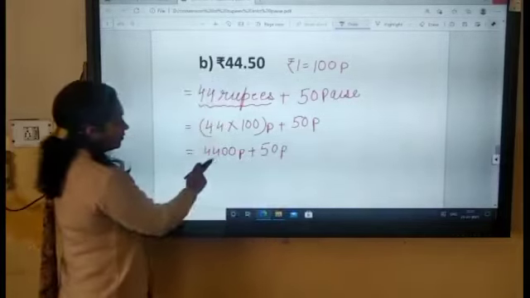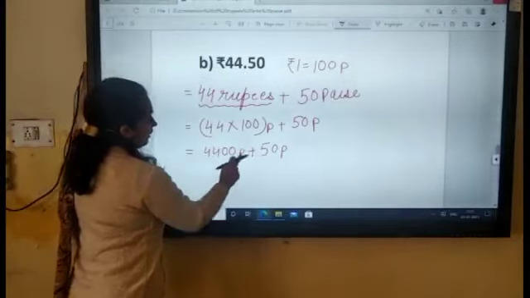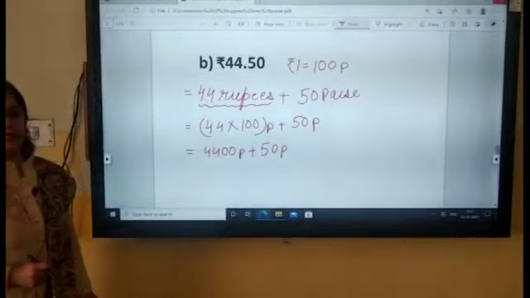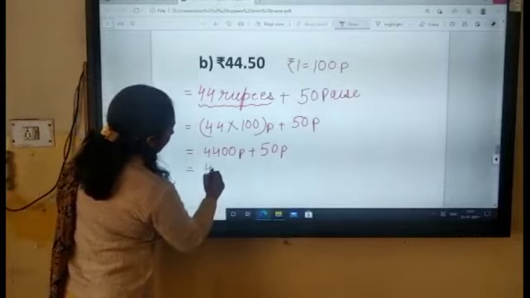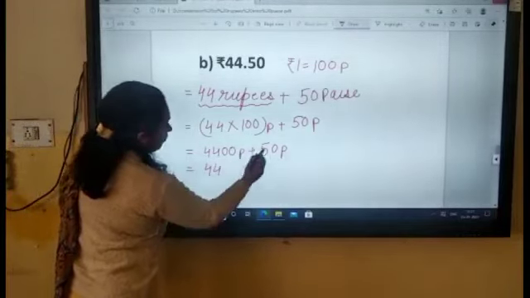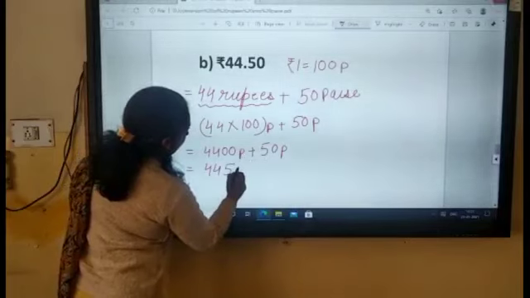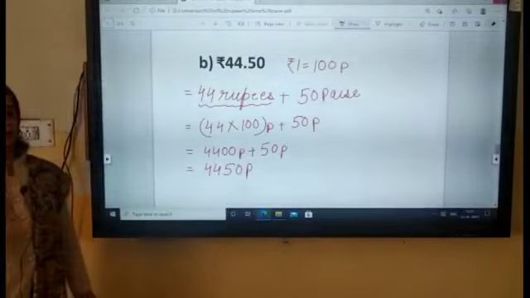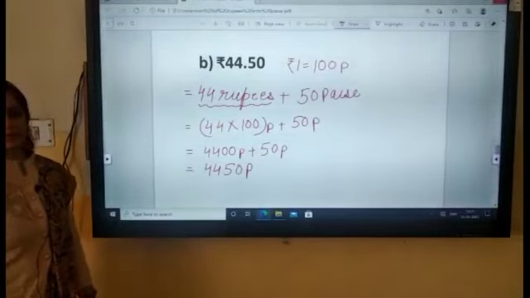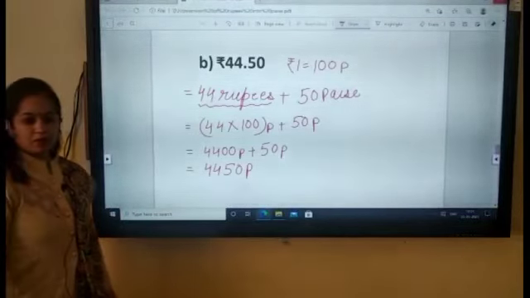Now as you know, both the amounts are right now in paise, so you can easily add them. What we will get? We will get 4450 paise.